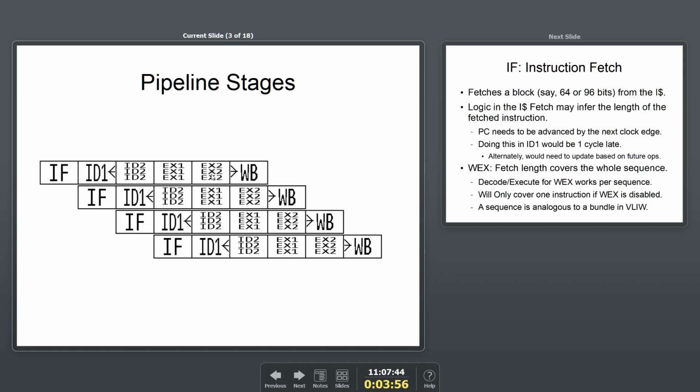So if ID2 depends on register values that aren't written yet or aren't generated yet, then it has to effectively use interlock logic to add stalls.